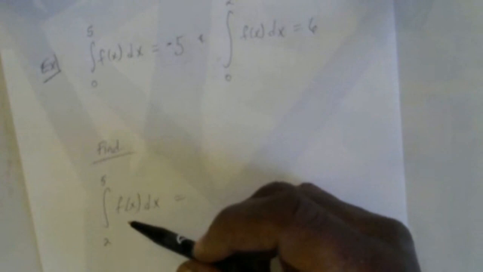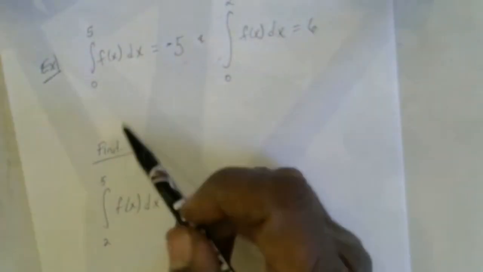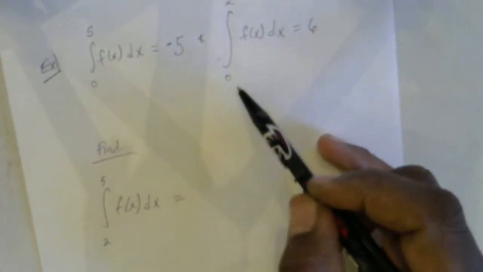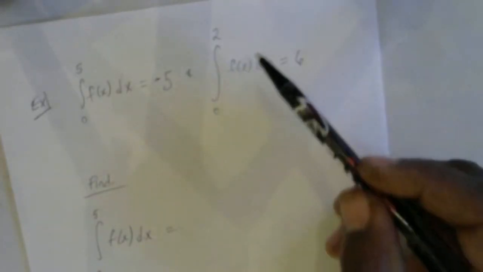So how do I find the integral from 2 to 5 of f of x dx? I'm only given the integral from 0 to 5 and the integral from 0 to 2. Here's where that additivity rule comes in.